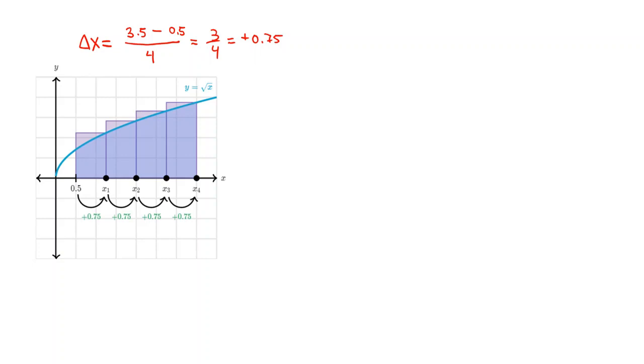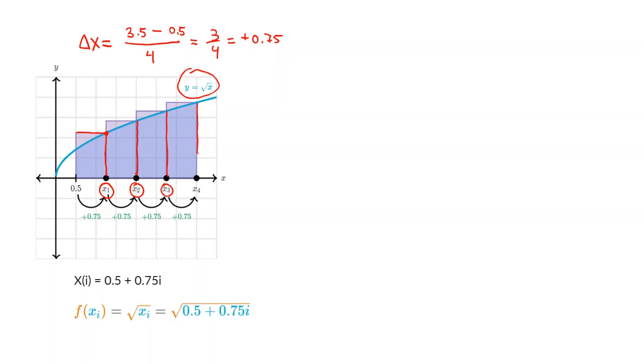And then we know that f(x) is y equals the square root of x. So we can write f(x) equal to the square root of x. Since this is the right Riemann sum, we look at the right endpoints. This is x1, this is x2, this one is x3, and this one is x4.